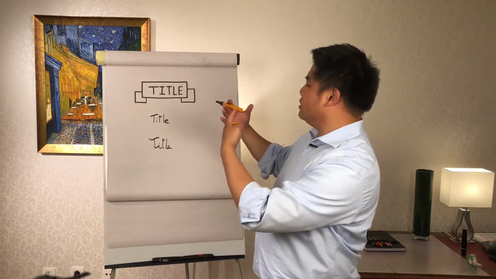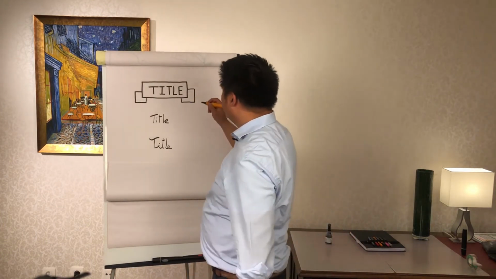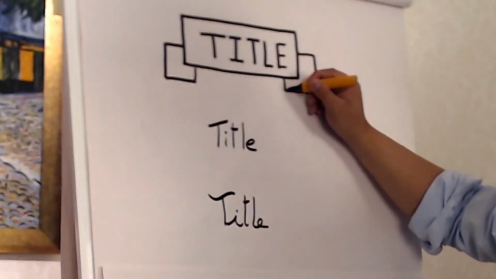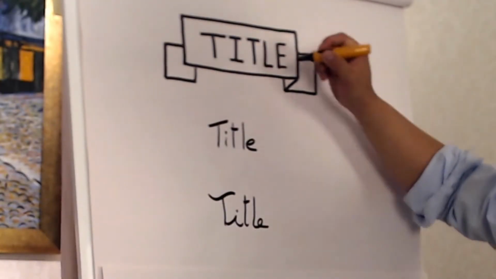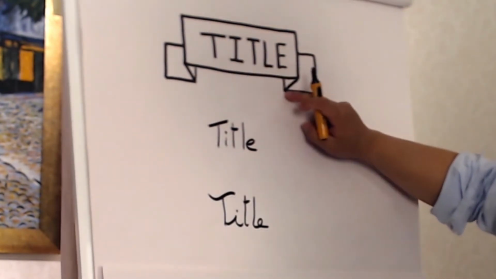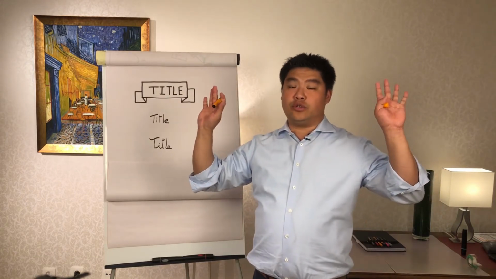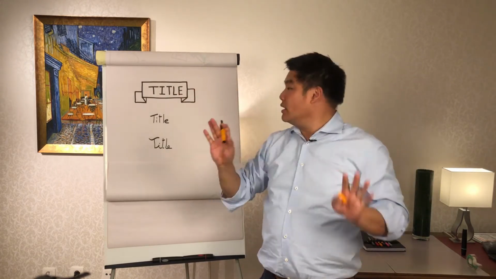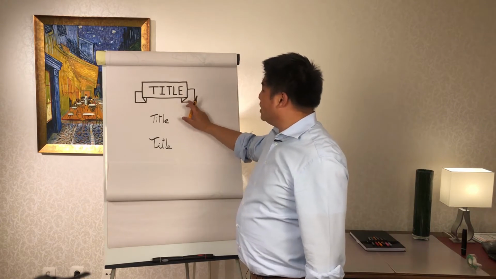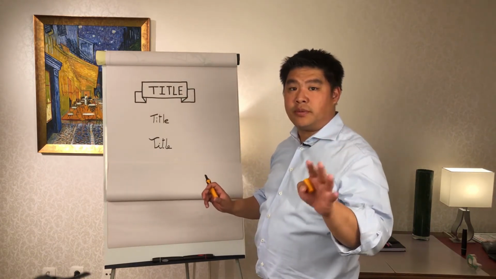That gives some sort of perspective of depth to your title. But if you add this line and this line, connecting this corner to that corner and that corner to that corner, you create the illusion as if you have bent the paper here a bit. Now that's one way to spice it up.